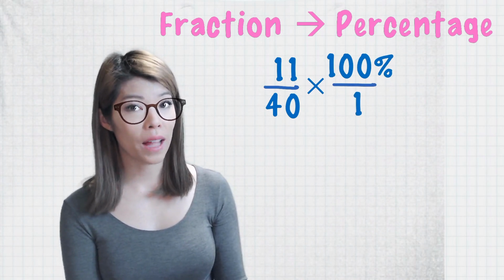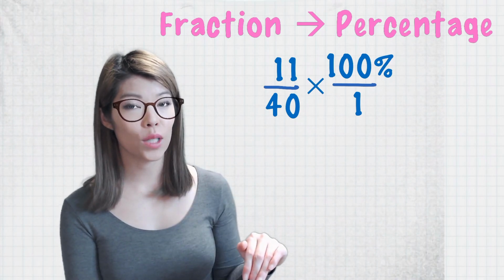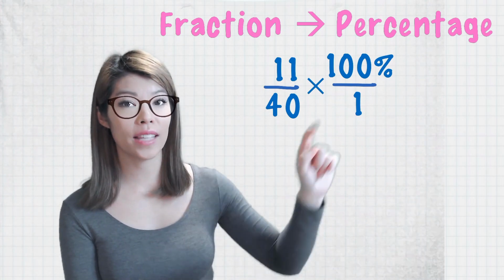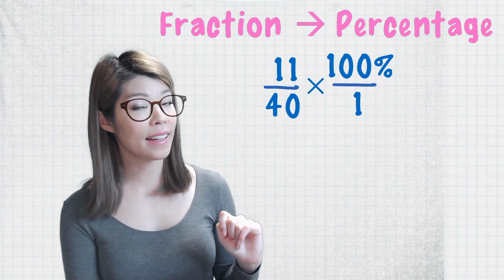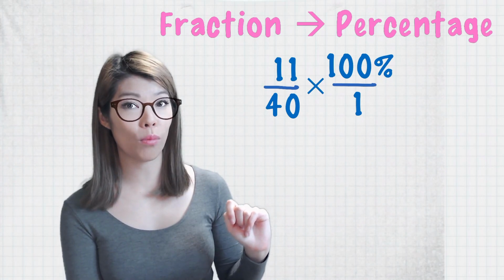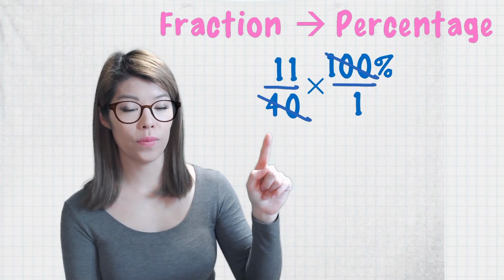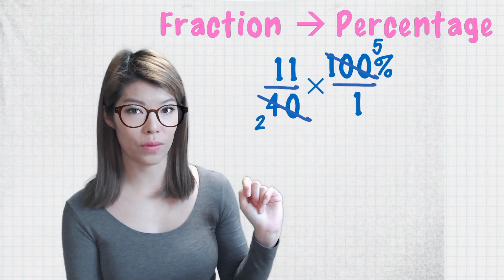Before we multiply fractions, we always look for a numerator and a denominator to simplify so we can deal with easier numbers. So we notice that this 100 and the 40 are both divisible by 10 and they're even, so they're both divisible by 20. So there are 2 20s in 40, so we write 2, and there's 5 20s in the 100, so we write the little 5 there.